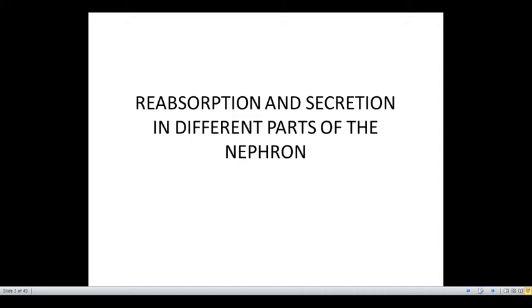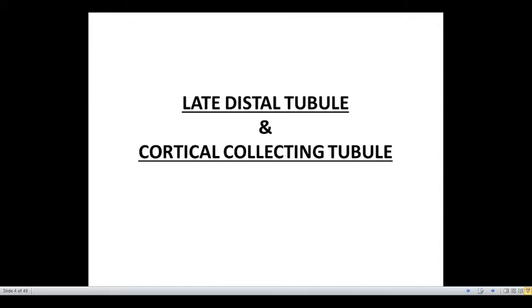So, continuing with reabsorption and secretion in different parts of the nephron, let's now consider important points about the late distal tubule and the cortical collecting tubule.